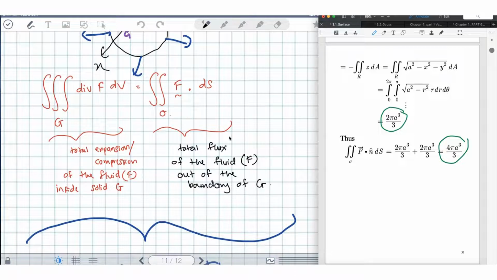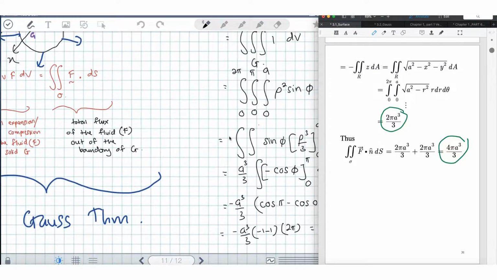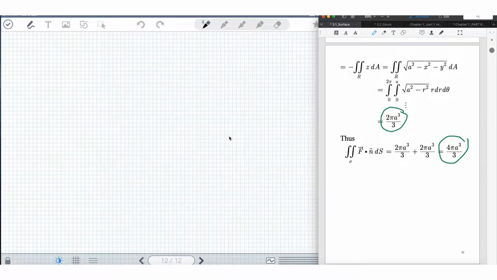Okay. Maybe sometimes in the question they will ask you to evaluate, for example, a given surface. Let's say I give you a cuboid, where the length, the width, and the height are not the same.